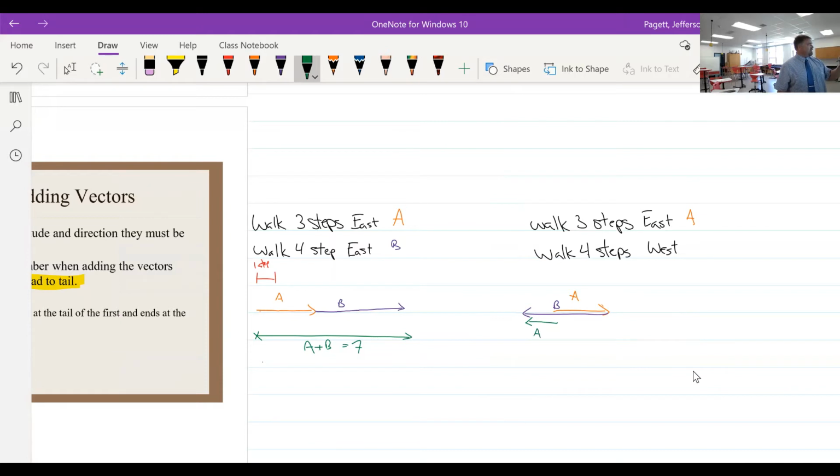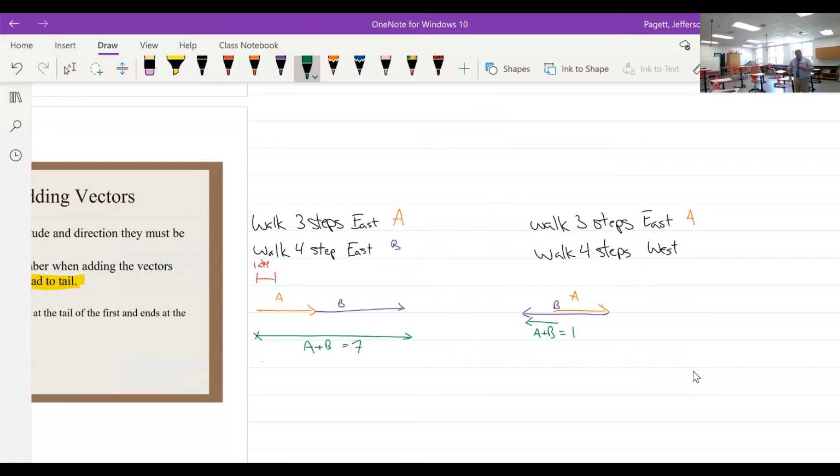This is A plus B, which in this case is equal to 1. And so 3 plus 4 is 1. And I know right now your mind's blown. But I can represent that.